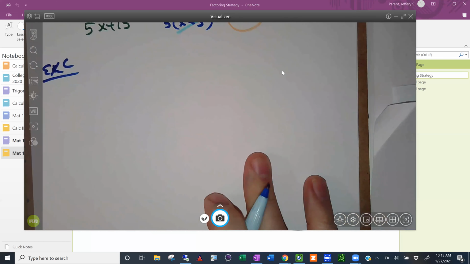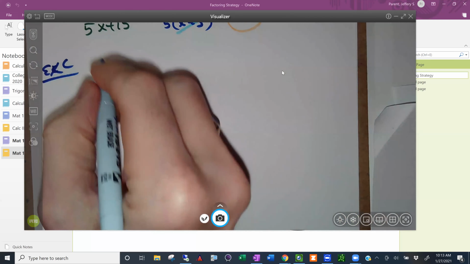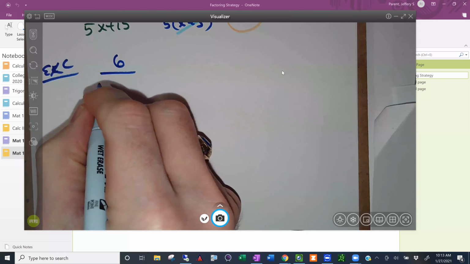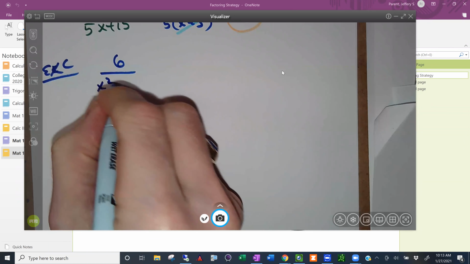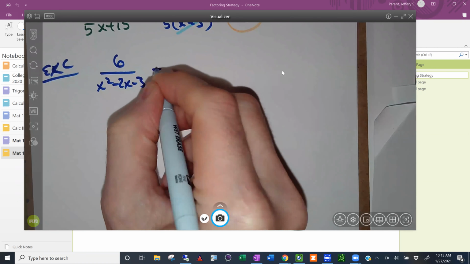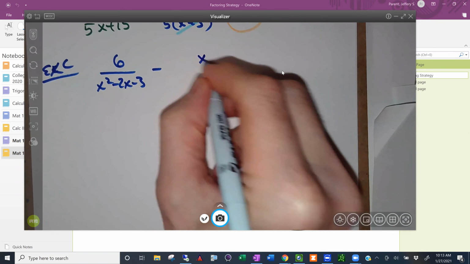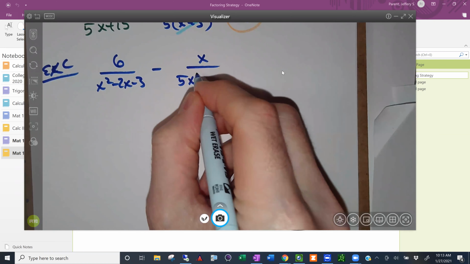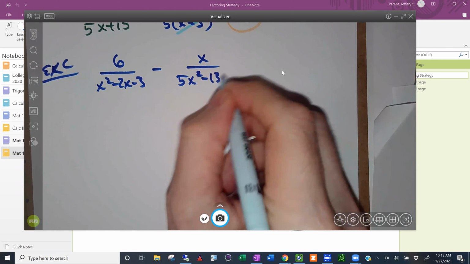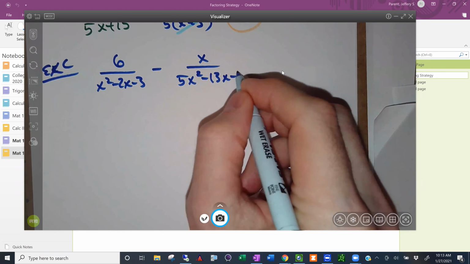So let's take a look at this example. 6 over x squared minus 2x minus 3 minus x over 5x squared minus 13x minus 6.